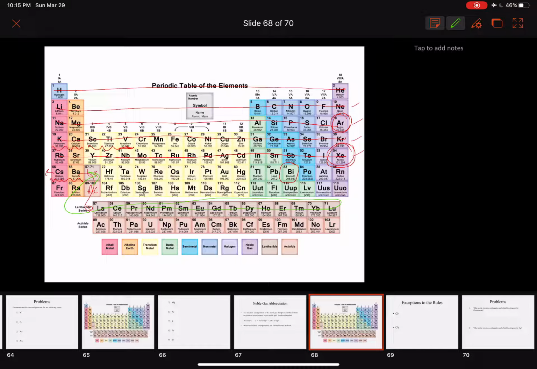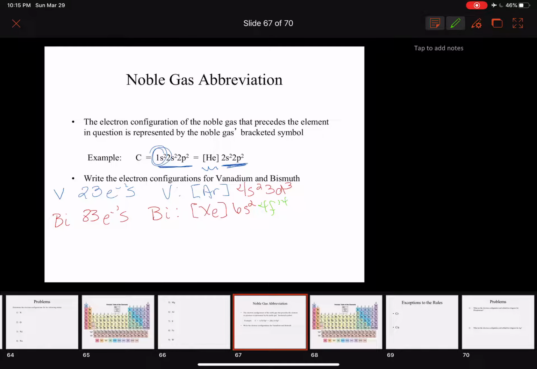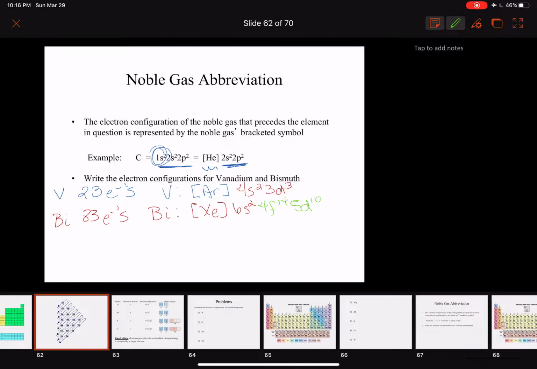And we're going to do 5D10. And once we do 5D10, we're right there. So we have 5D10, and then we're still not at bismuth. Okay, so after 5D10, what is next?